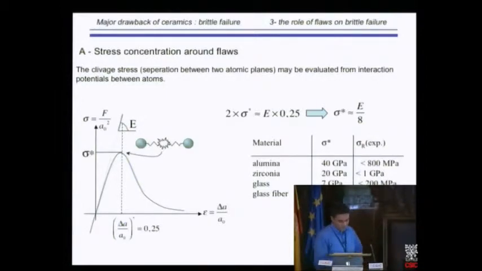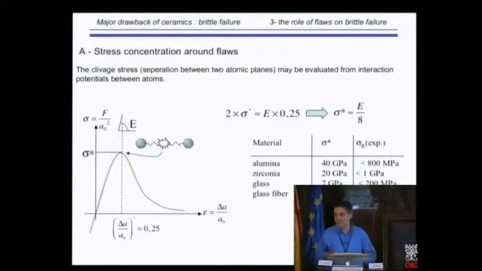So the idea is, what is the stress necessary to separate two planes of a given ceramic structure? You can calculate that for alumina, the stress necessary to separate two planes, so to have cleavage, is about 40 gigapascal. So the intrinsic strength of alumina is 40 gigapascal.